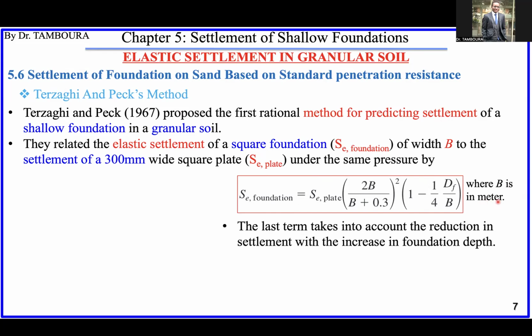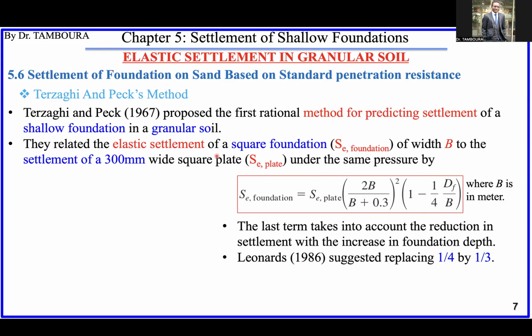The last term, as you can see, has DF here. This is to take into account the reduction in the settlement with the increase in the foundation depth. If it is too deep, then it will affect the settlement.